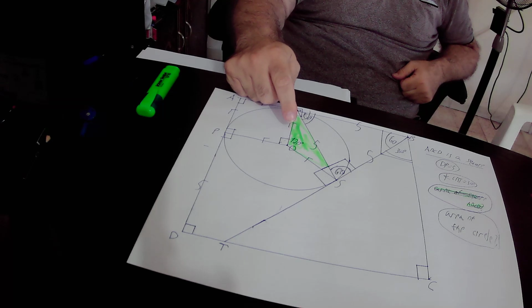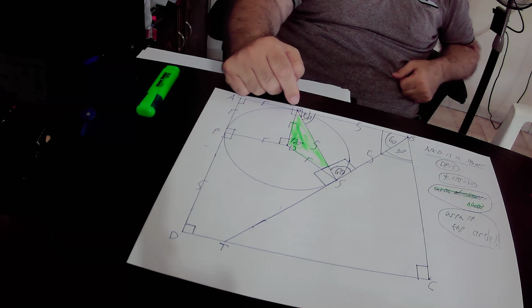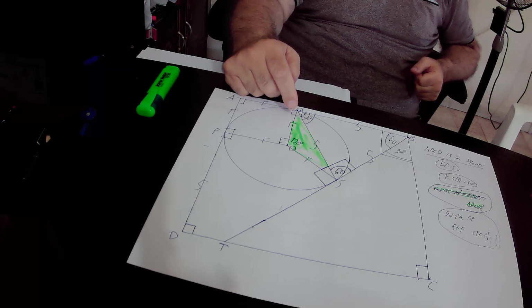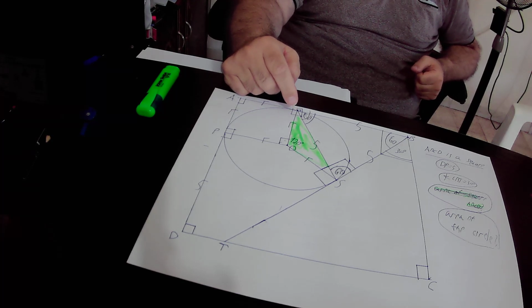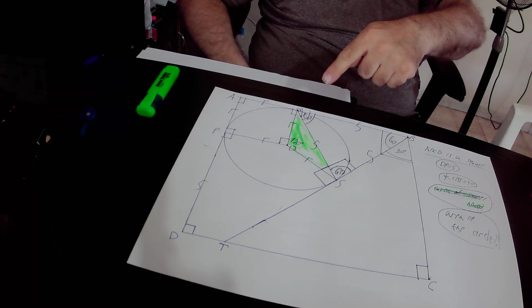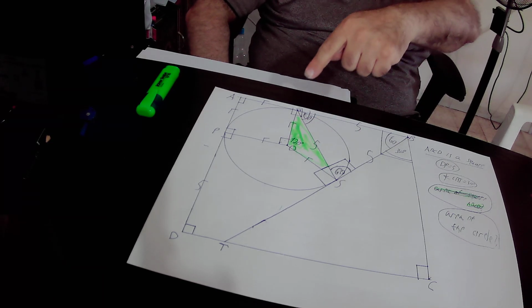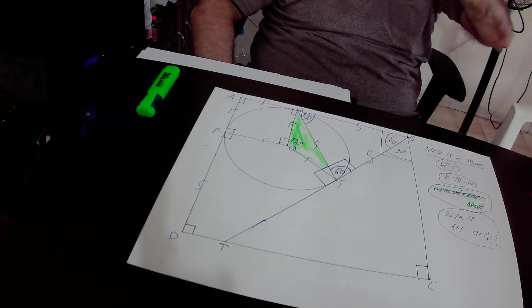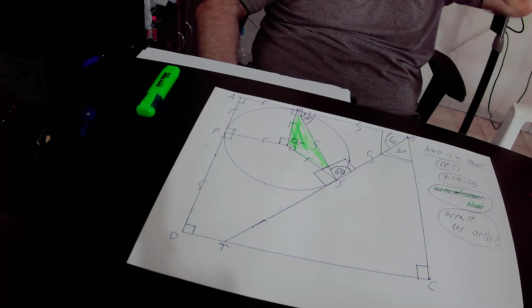Point O is the center of the circle, point Q is a point on the circle itself. Therefore, OQ is the radius of the circle that is equal to R according to our definition. And we have the radius OQ that is drawn to the point of tangency. Therefore, this angle equals 90 degrees and this angle equals 90 degrees according to the rule that the tangent to a circle is perpendicular to the radius drawn to its point of tangency.